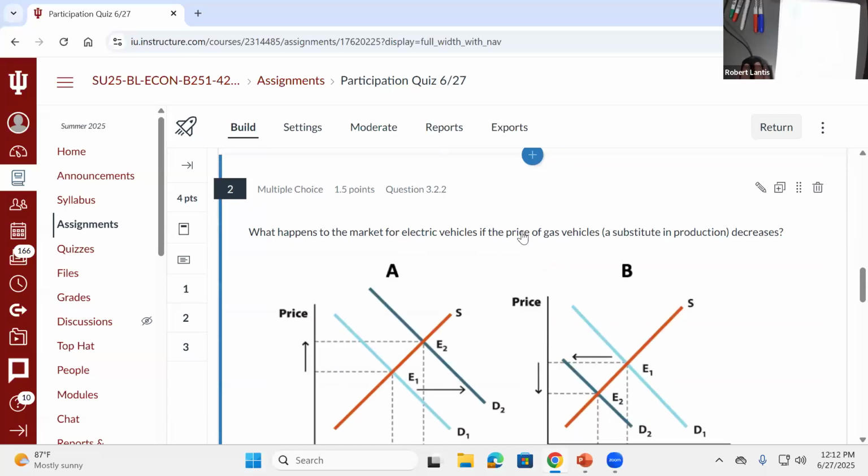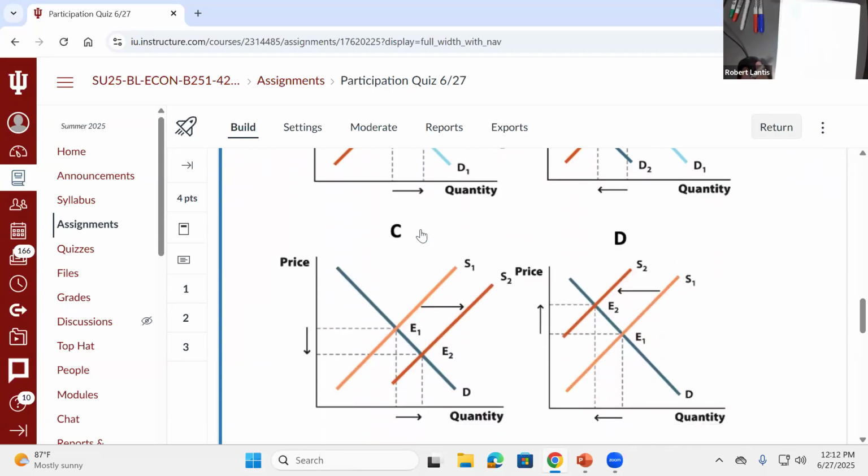If the price of gas-powered vehicles goes down and I can produce either gas or electric vehicles, I'm less likely to want to produce gas vehicles now because I can't sell them for as much. So I switch my production over to electric vehicles. That means the supply of electric vehicles increases, or moves away from this 0 point. So that would drive the equilibrium price down, but the equilibrium quantity up.